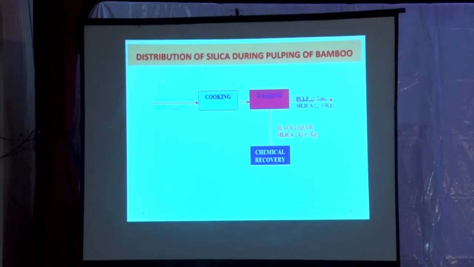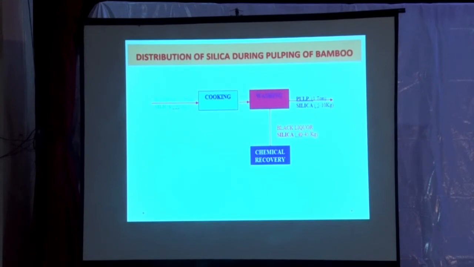But the raw material content of silica in bamboo is half. So how can you justify it? As we all know, silica has a tendency to come into soluble form in alkali only. Higher the alkalinity, higher the dissolution of silica.